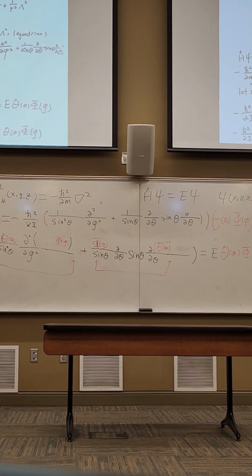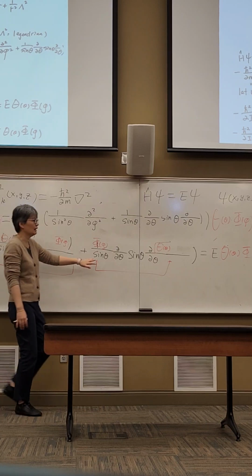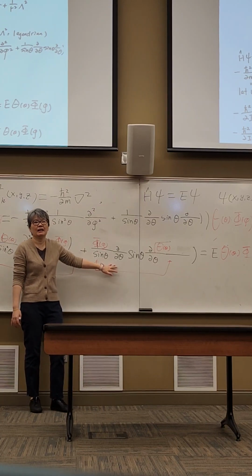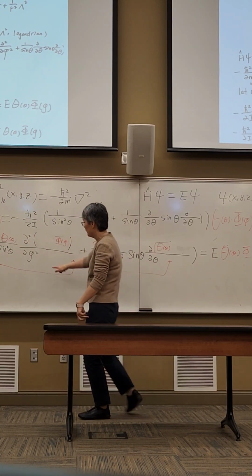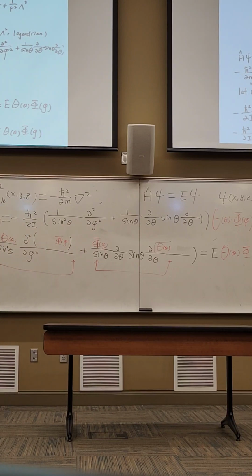Now in that regard, this has a variable of phi. We only want to keep it as a variable of phi. What do we need to do? We need to get rid of anything related with theta. How about this here? We need to get rid of anything related with phi. Very good. Now what should we do to get rid of the theta component here?